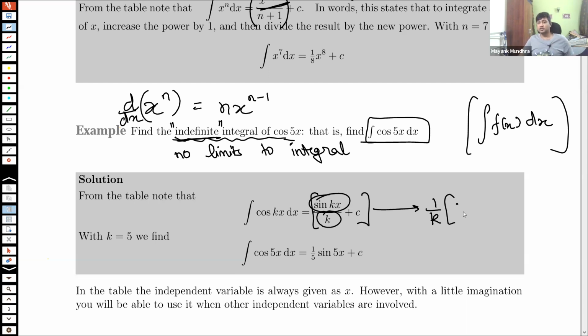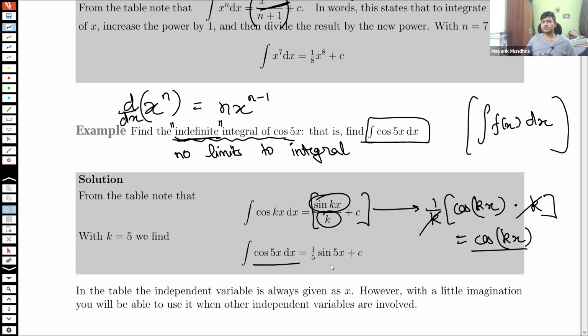By chain rule, that is cos of kx into the differentiation of kx, which is k. So this is cos of kx. So the integration of cos pi x is 1 by pi sine pi x.